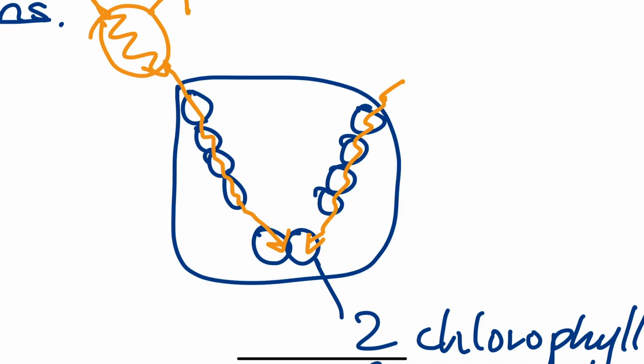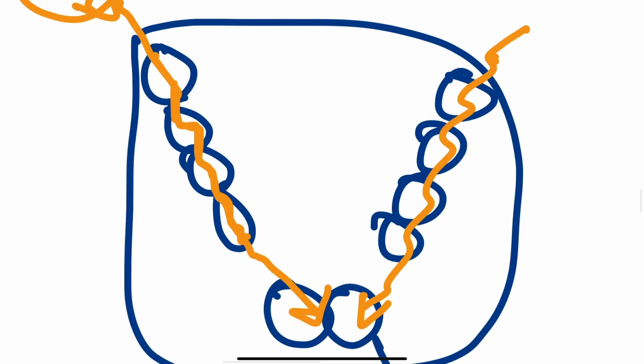These accessory pigments each pick up some of the wavelengths of the light energy, and for the wavelengths that they do absorb, they will pass it down.